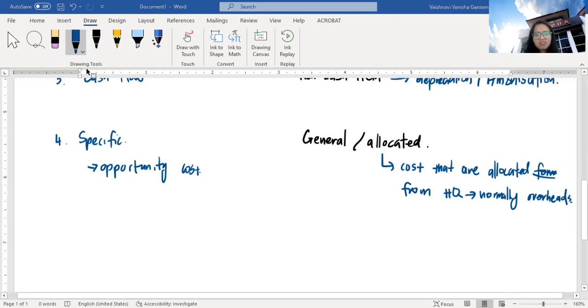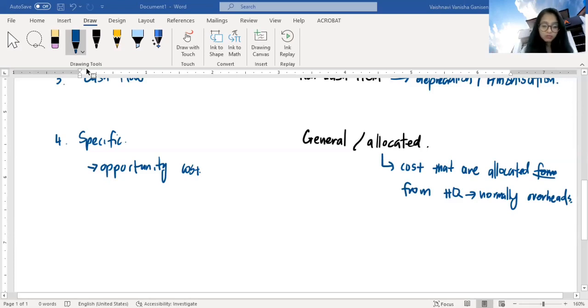Maybe I can give you about 30 seconds to 1 minute to think about it. If you don't already know, opportunity cost is a cost that arises as a result of taking on the next best option. That means you already have one good option, but because you did not choose that, you chose the next best option, so you had to lose contribution.